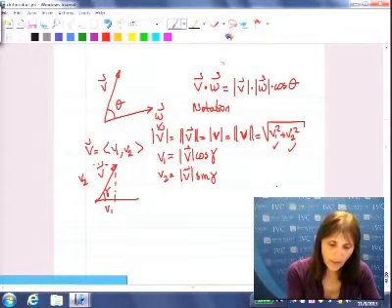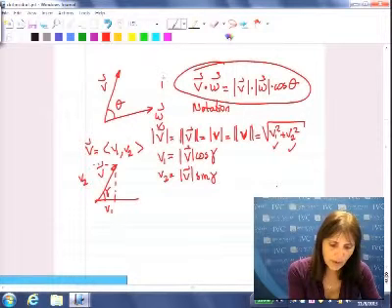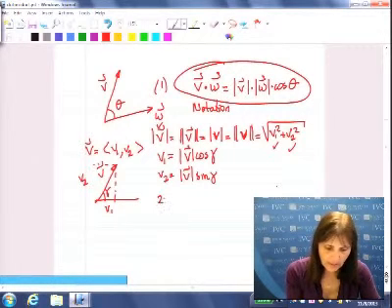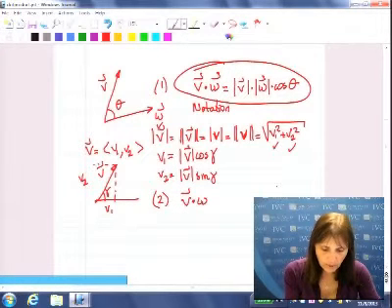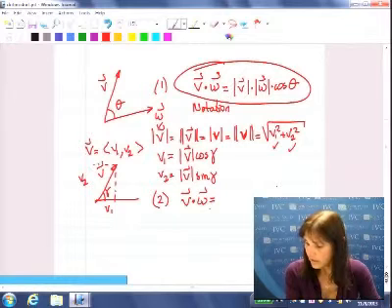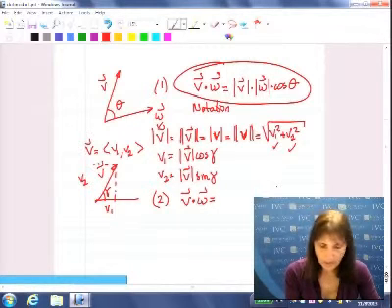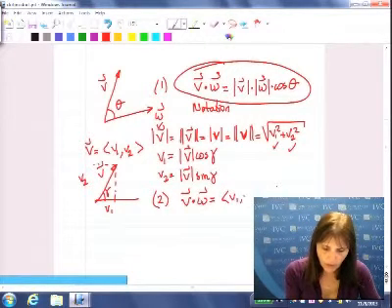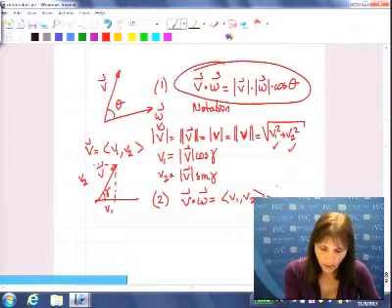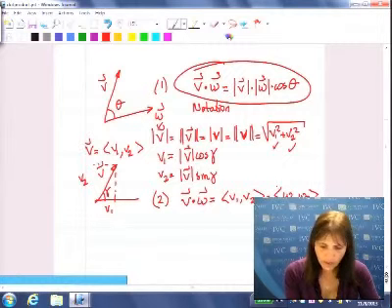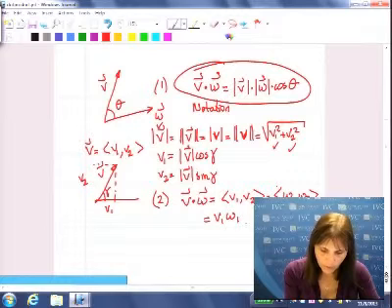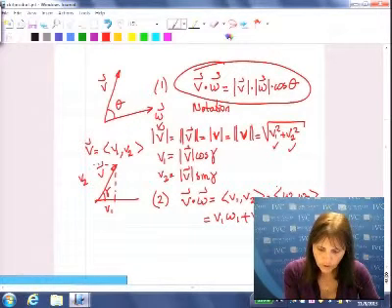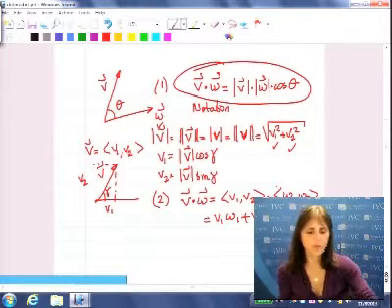Now, let's go back to the dot product. This is my first equation. This is the second equation. V dot W is also the same as taking V1, V2 times W1, W2 in vector notation, and that is simply equal to V1 times W1 plus V2 times W2 in terms of numbers.